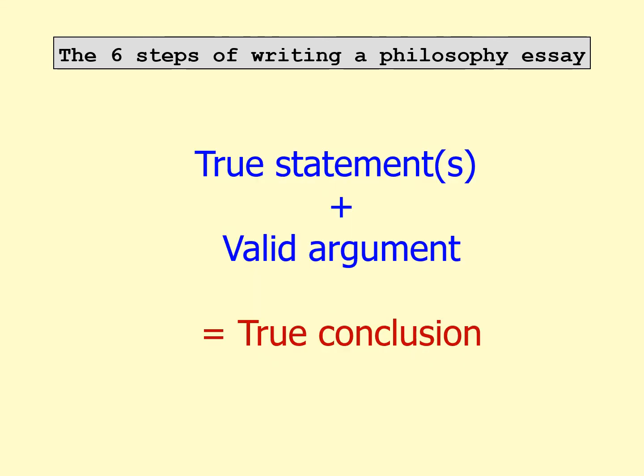Let's put it all together again. So, if you enter truths and use correct logic, or to put it in different words, if you use a valid argument, you'll always get truth. But that is all we can say. There's no corresponding symmetrical message to give regarding false statements and invalid arguments.